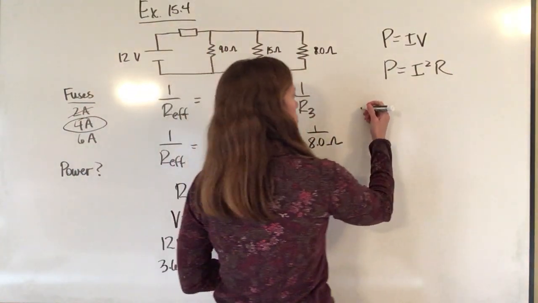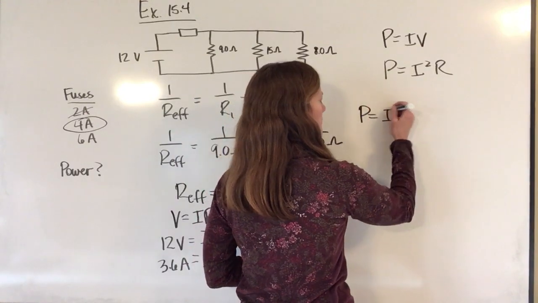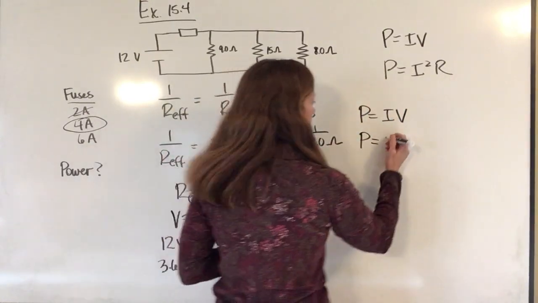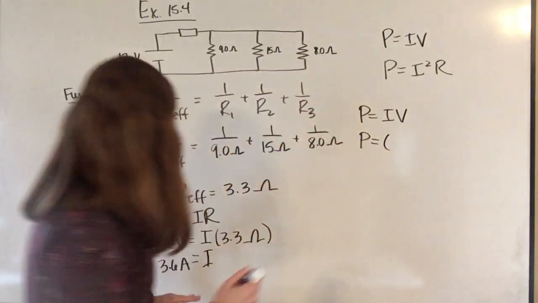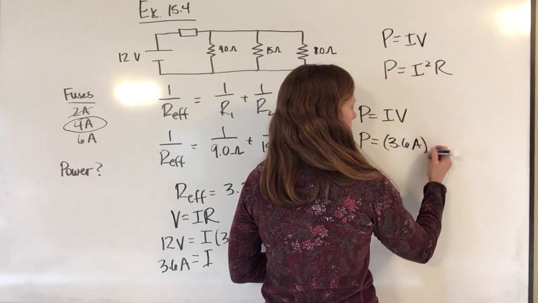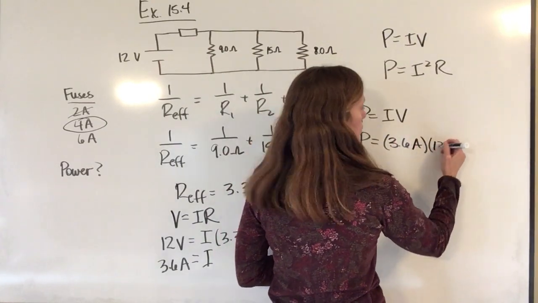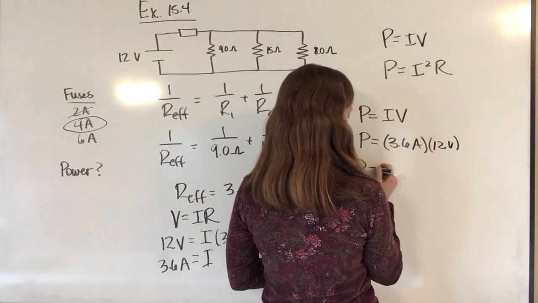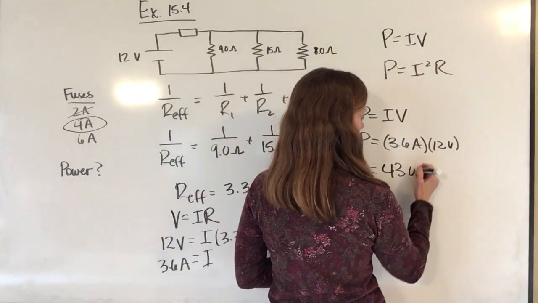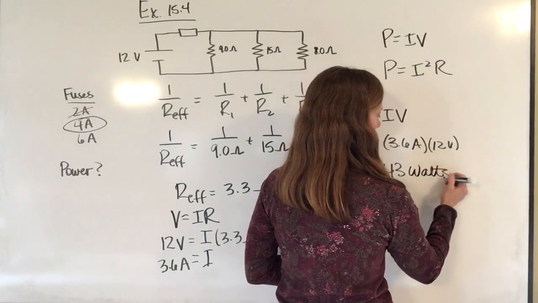So if I use P equals IV, then my current I calculated as 3.6 amps, and the voltage was 12 volts. And so that is going to give me a power of 43 watts.